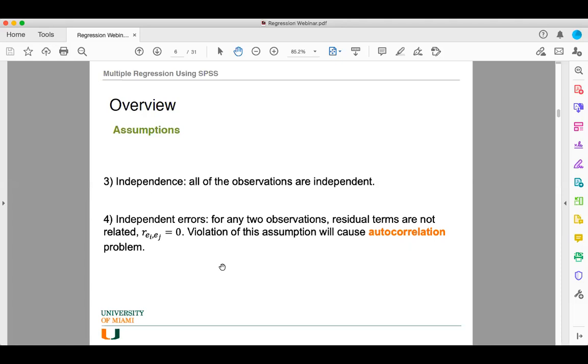So the correlation coefficient between the error terms for these two observations should be approximately equal to 0. Any violation of this assumption will cause what we call an autocorrelation problem, and we will talk about it when the time comes, especially when we talk about the SPSS outputs.